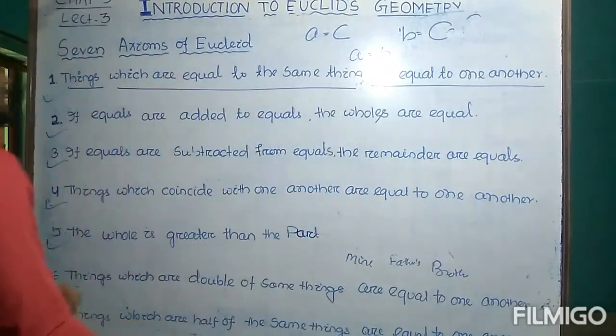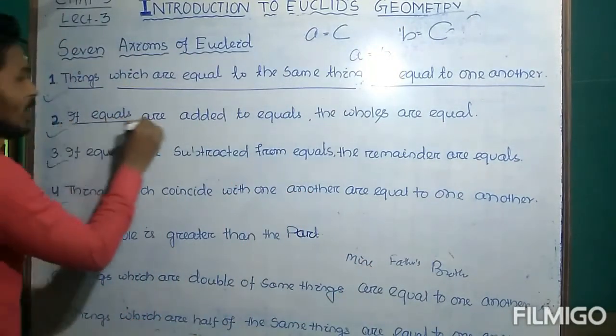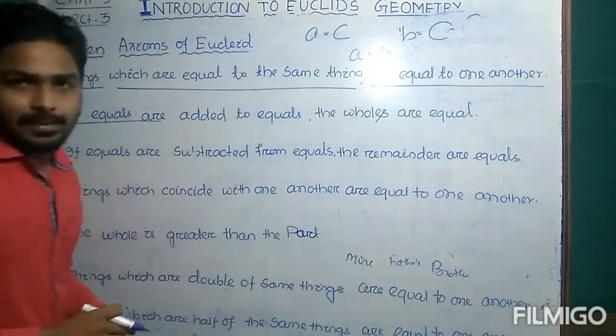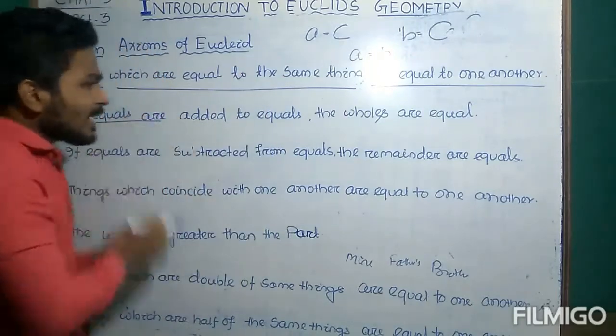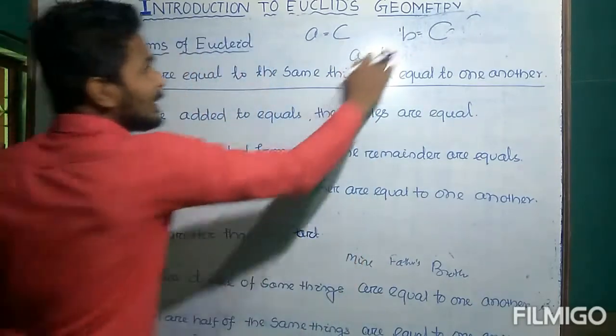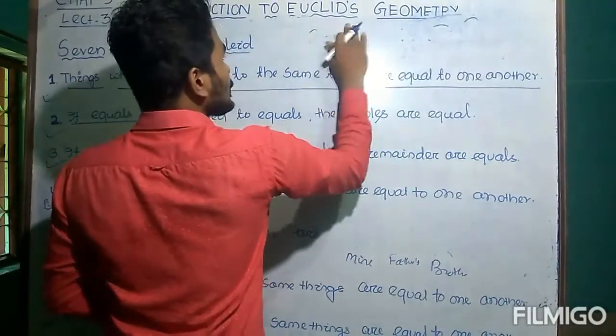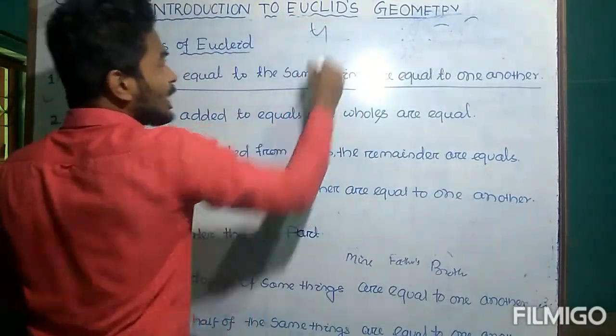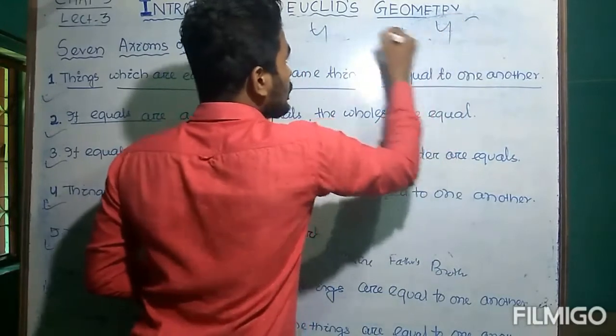Let's come to the second axiom: if equals are added to equals. Let us take two equals, suppose here you take 4, here you take 4.